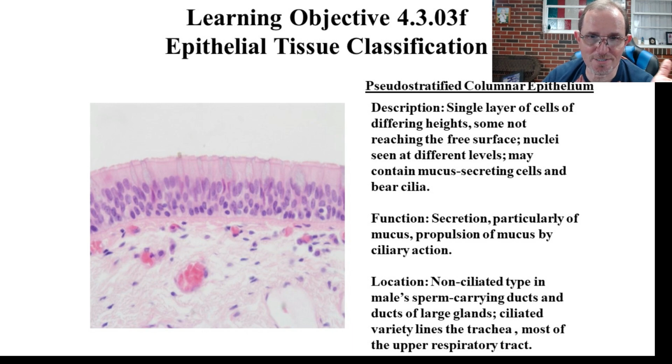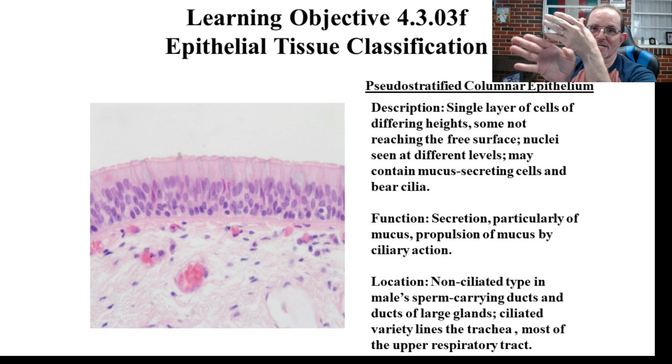Okay, secretion, we got all that. Now, those little hair cells, they're not really hairs, they're just little objects. These guys move in the same direction, and what they do is they push the mucus up.